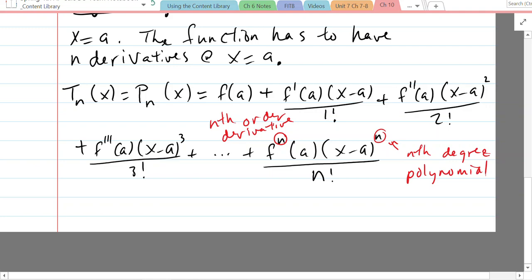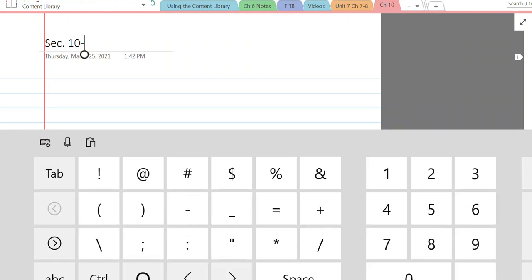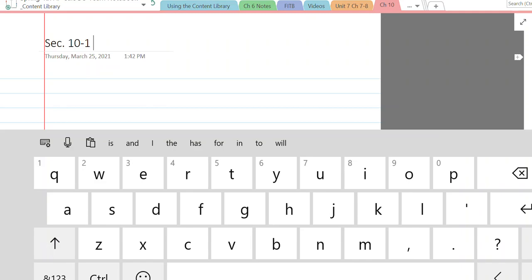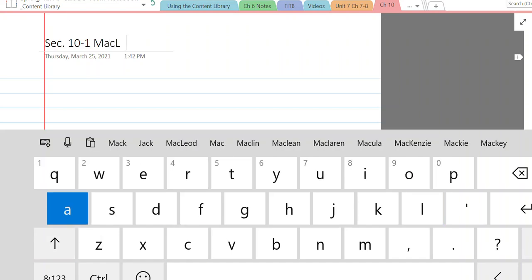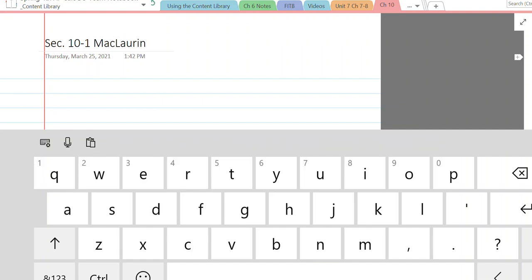All right. Now, there's another approximation, very similar to this. Okay, it's a Maclaurin polynomial.